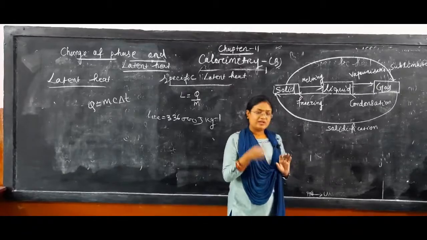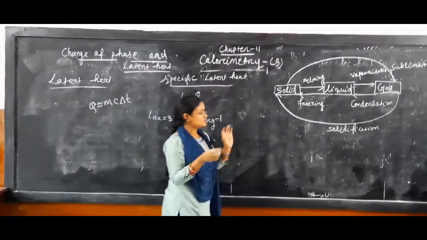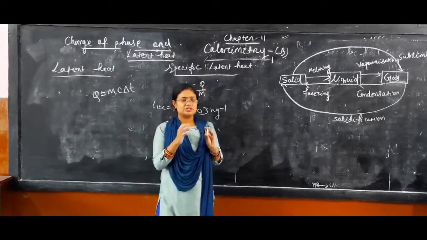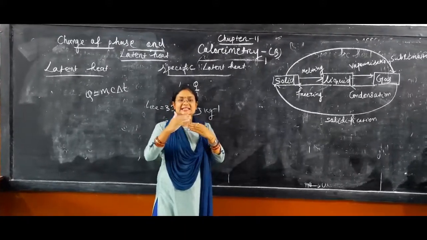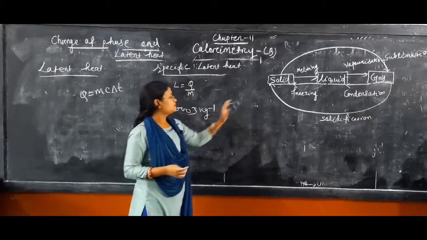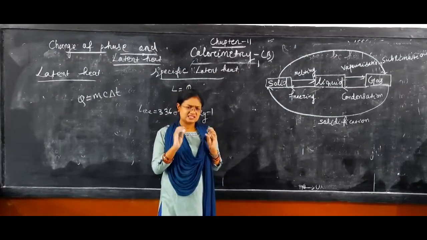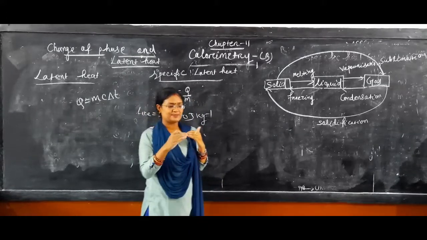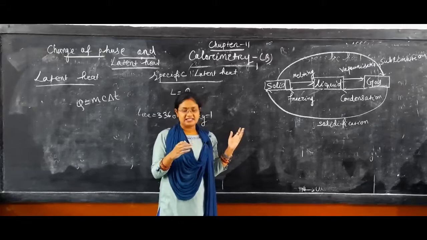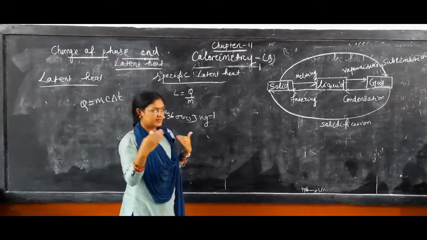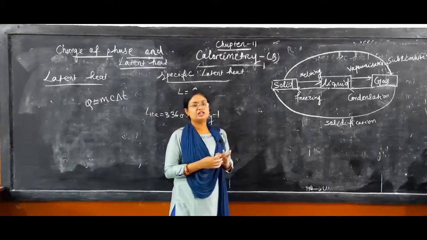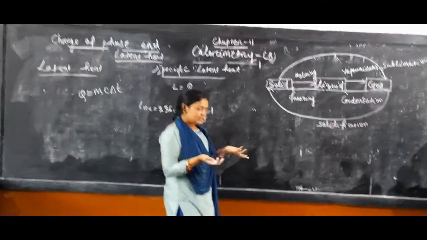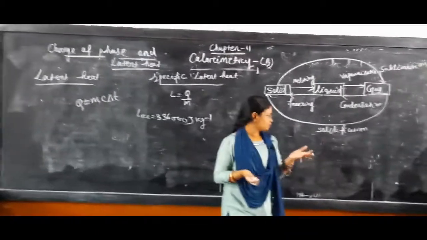That means when a state absorbs heat energy, that heat energy changes its intermolecular space. As we know, in solid the intermolecular space is nearly 0, but in liquid the intermolecular space is more compared to solid, and if the intermolecular space is more, then the force of attraction is less.